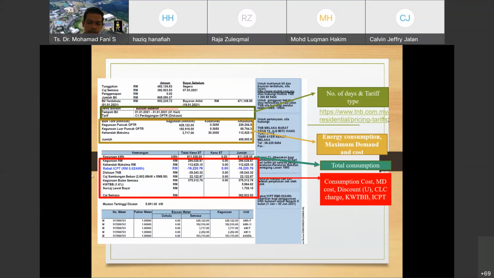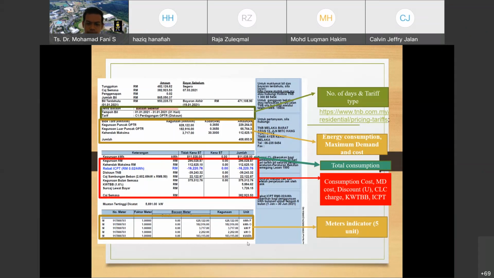Okay, billing charge. So look at the last part of our electricity bill. We will have the numbers of the meter over here. The meter reads the kilowatt hour, maximum demand, peak, off peak, and also the kilowatt of peak.